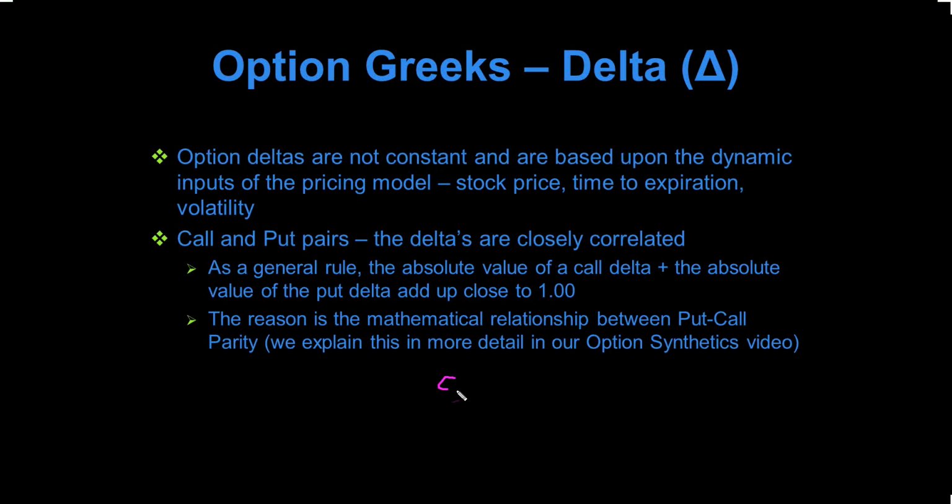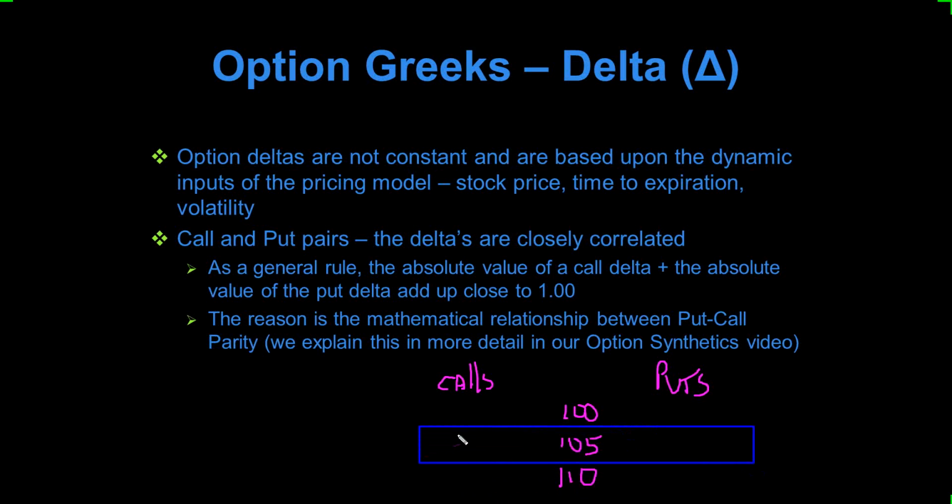If you've got calls over here and then you've got puts over here, a pair would be, say, the 100 strike, the 105 strike, and then the 110 strike. A pair would be something like this.